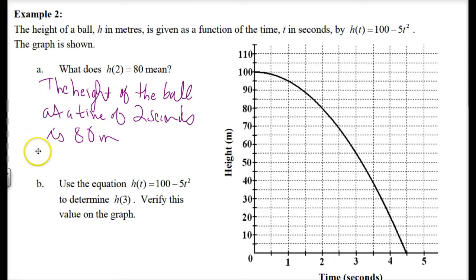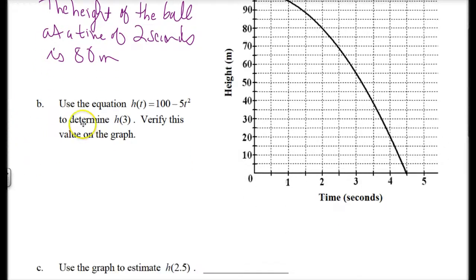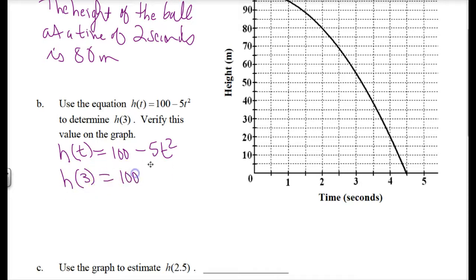Use the equation h of t equals 100 minus 5t squared to determine h of 3, the height of the ball at a time of 3 seconds. So let's write it out. Math, formula, substitution. The height at a time of 3 seconds is sometimes called h of 3.